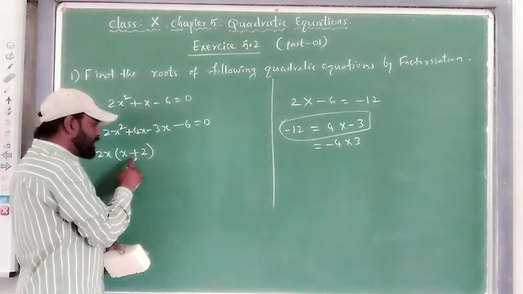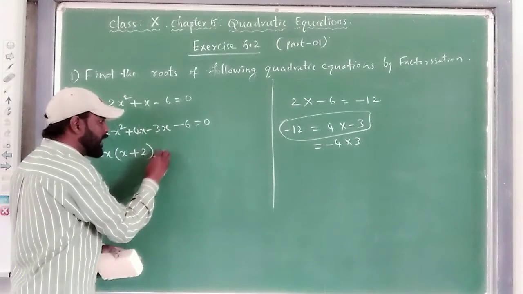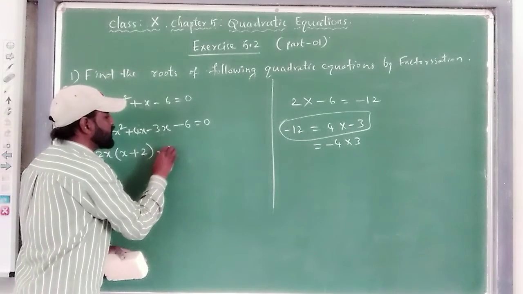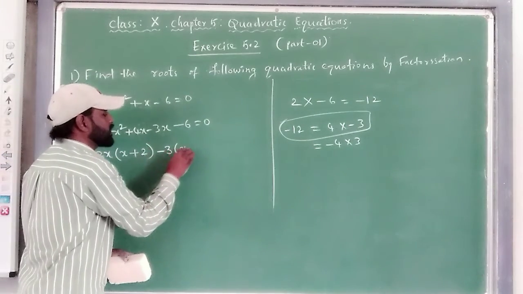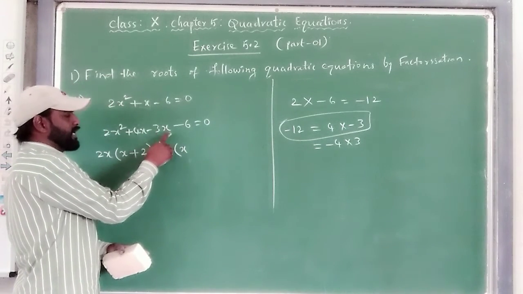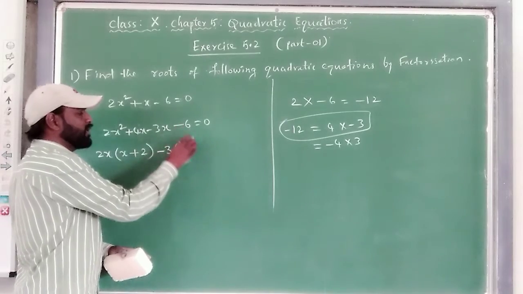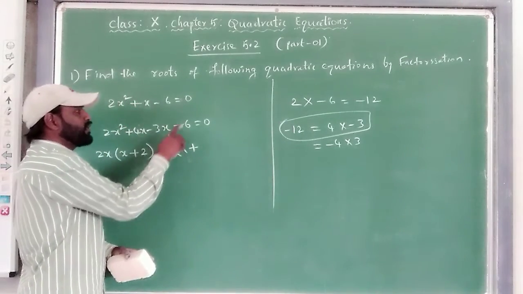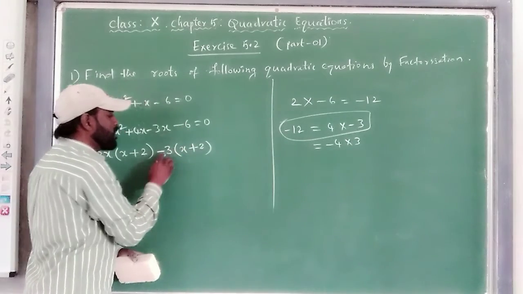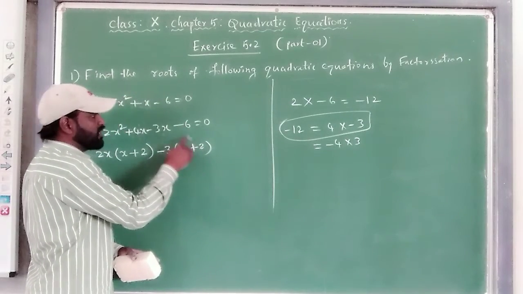Again, you have to get plus also, so you have to take minus 3 as common. If you take minus 3 as common, first what you get? x. See, minus 3 into x, minus 3x. Again you have to get minus only. That means if you write plus here, minus into plus you will be getting minus. To get 6, what you need to write? 2. Minus 3 into plus 2 is minus 6.